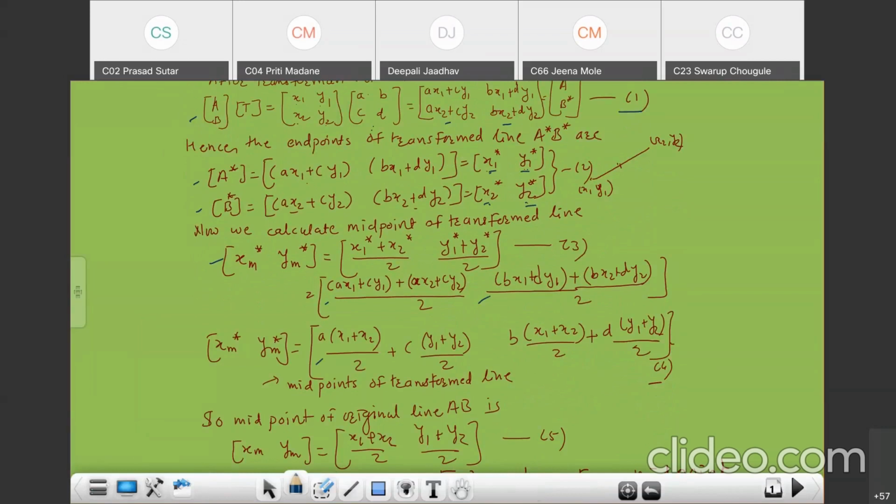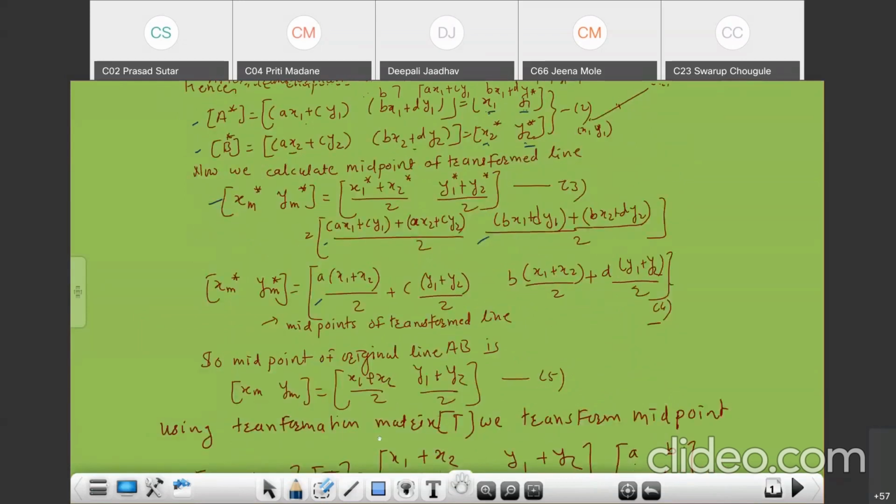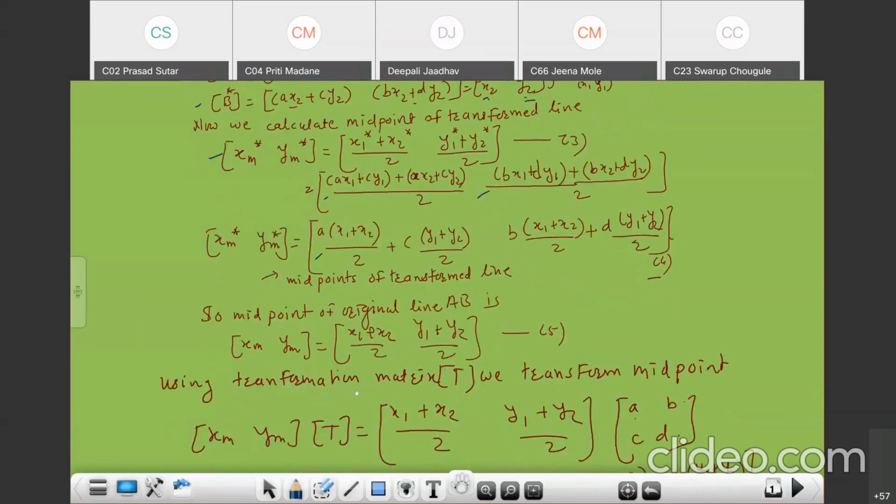Now to show its correspondence with the midpoint of the original line, we calculate the midpoint of the original line AB. It is x1 plus x2 divided by 2 and y1 plus y2 divided by 2. It is equation number 5.